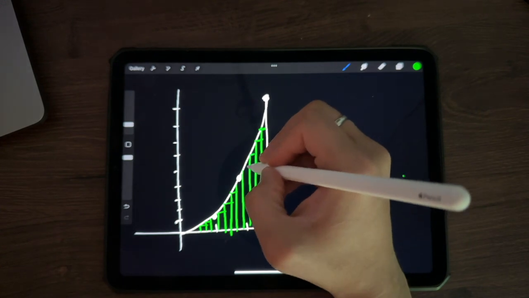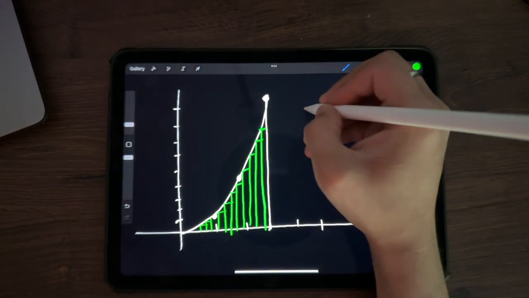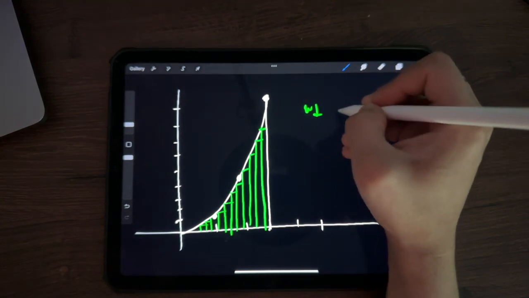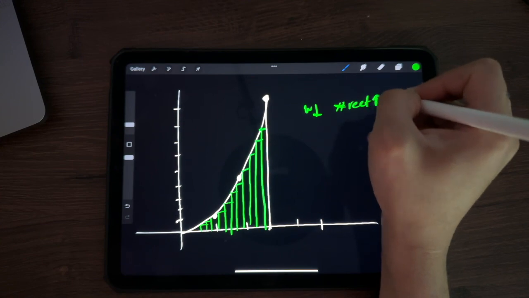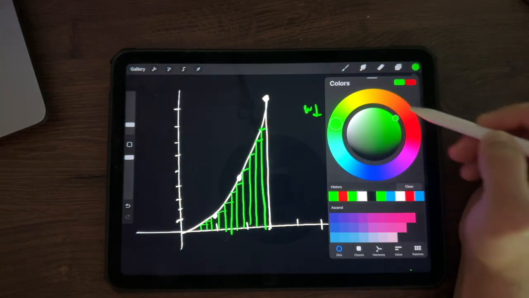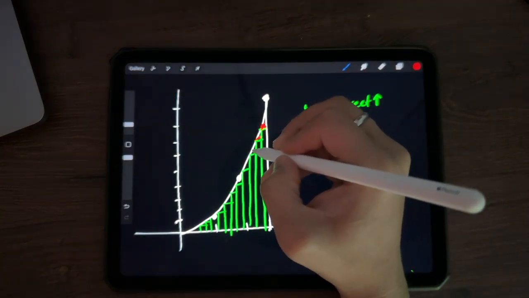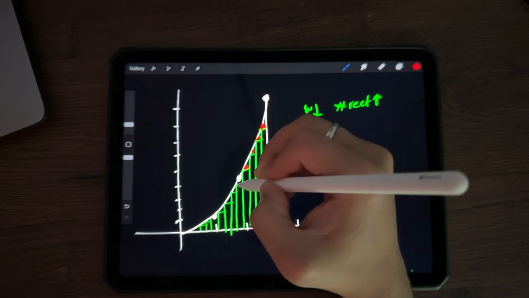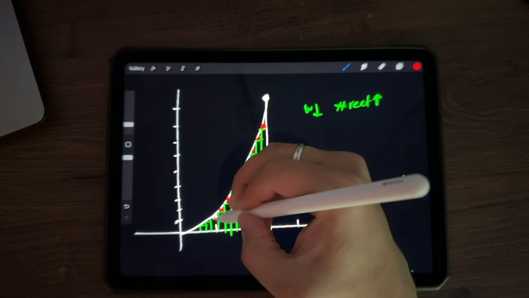What you'd notice is that now that we've decreased the width and increased the number of rectangles, we have a more accurate answer, right? Because now the error margin that we had earlier is so much less. Look, it's just this little bit. So although our answer is not going to be 100% right, we're getting pretty close.